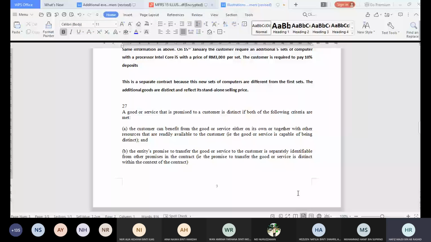And the product is distinct if the promise to deliver the product can be separately identifiable from the other promises in the contract.